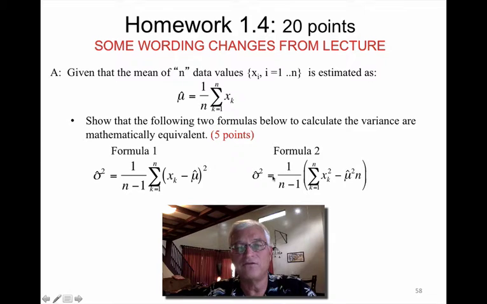Well, there's a second formula for it because it is identical to the first one. It doesn't look identical, but it will give you exactly the same numbers, well, unless you have some numerical problems. But theoretically, these are exactly the same formulas. So your first job is to prove that they're the same. Start with one and see if you can get the other one.